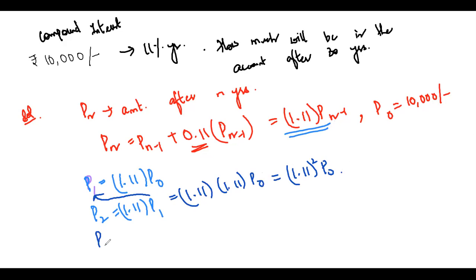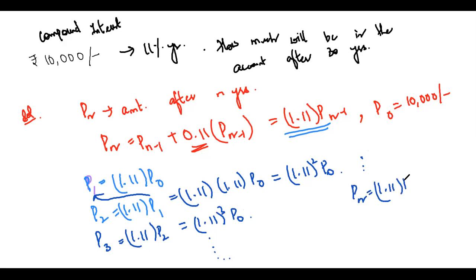Similarly, P3 will be 1.11 into P2, which is 1.11 cubed into P naught, and this will continue until Pn is 1.11 into Pn minus 1. So P3 was 1.11 to the power 3, and Pn will be 1.11 to the power n into P naught.